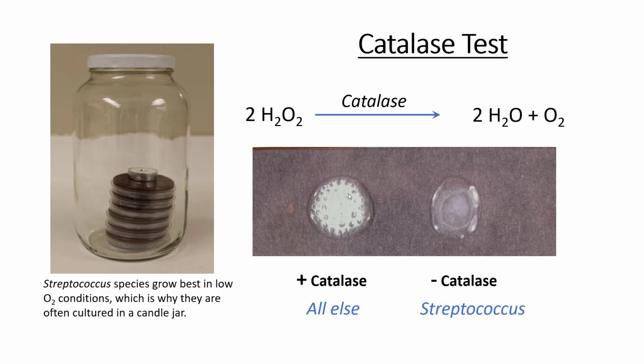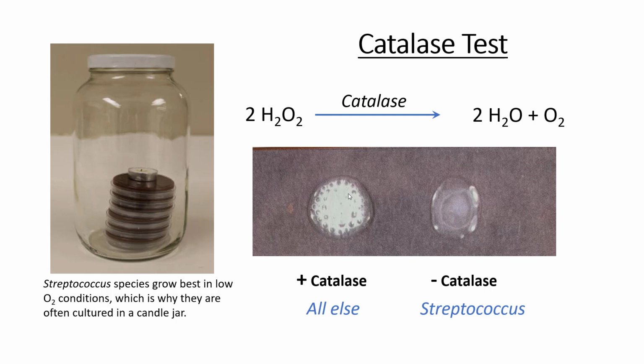Now, one of the other things that we didn't get to really do in this class is when we grow up Streptococcus species on blood agar, we put them in what is known as a candle jar, and that is shown in the left image. A candle jar is one where you put the cultures in this big jar and you light a candle and then you seal it.